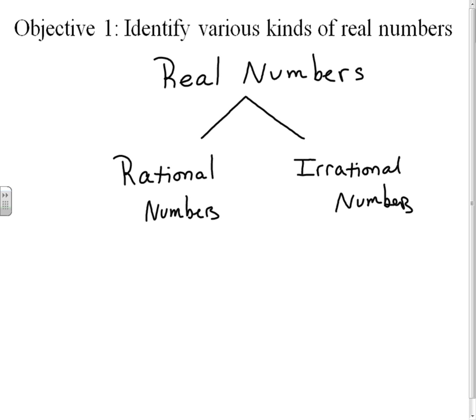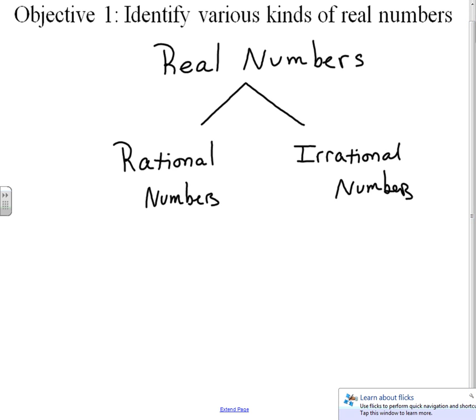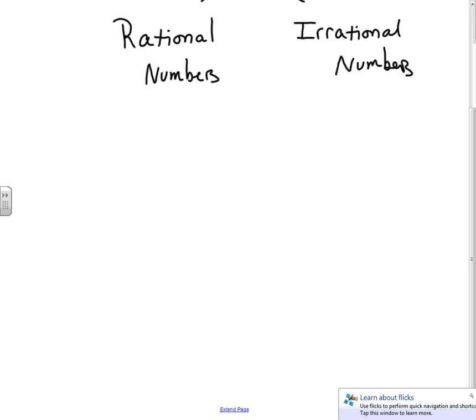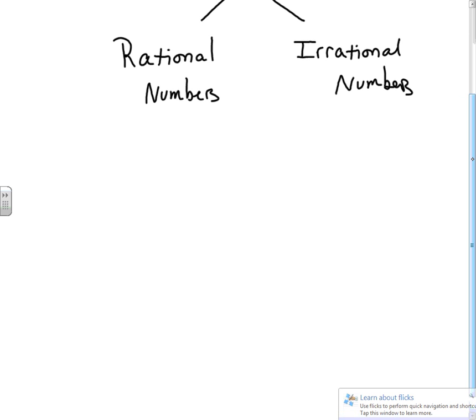The set of rational numbers is easy to remember if you know what a ratio is. A ratio is simply a value or a number that can be written as a fraction. So a over b can be written as a fraction, where b is not equal to 0.